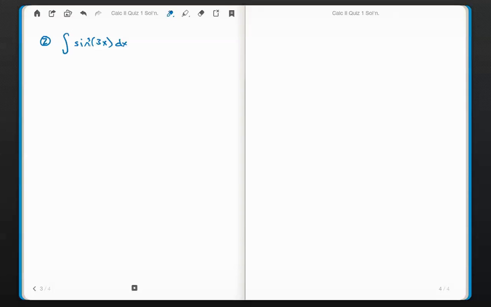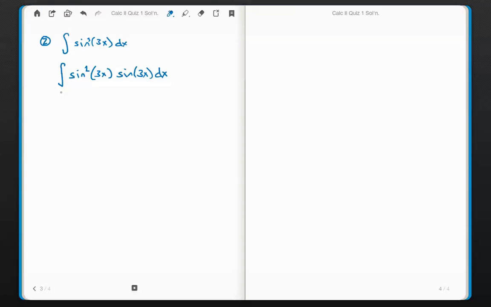And I only have sines here, but I'm going to split it up into the integral of sine squared of 3x times the sine of 3x dx.